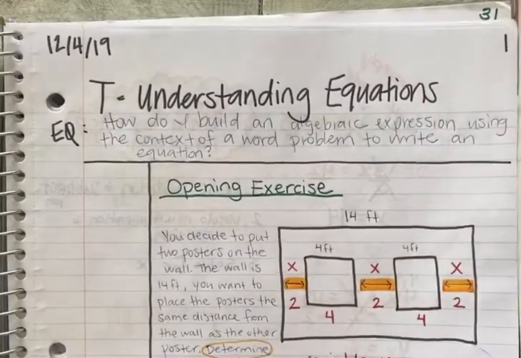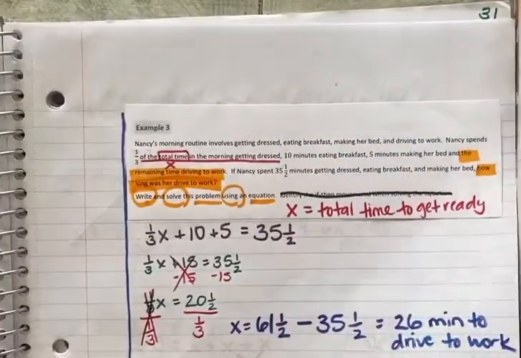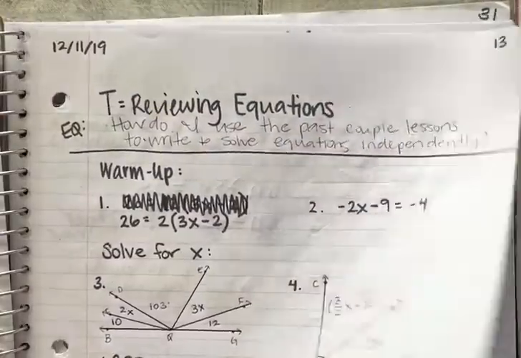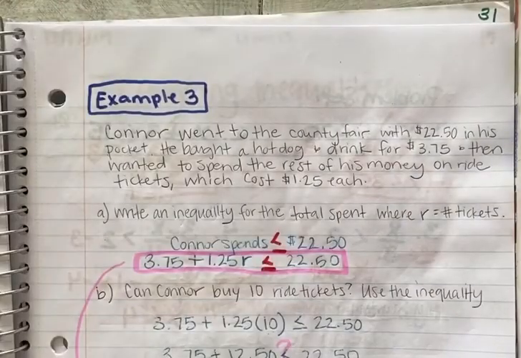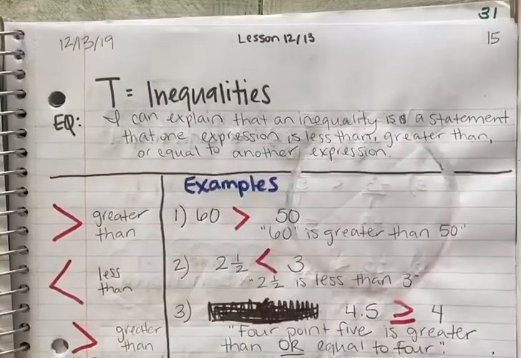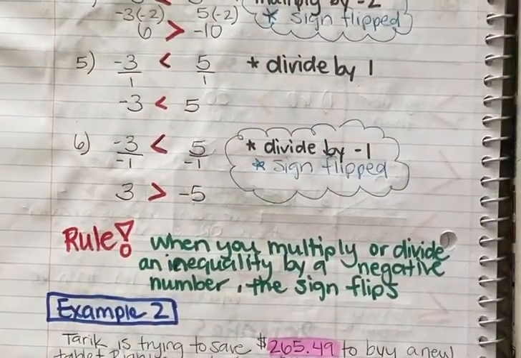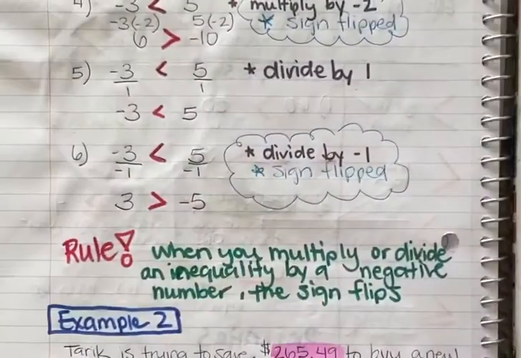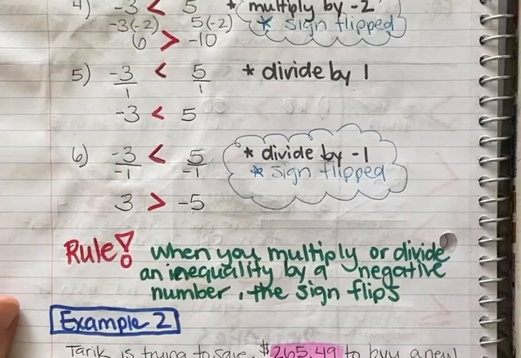Oh, here's our geometry. Aha, inequalities. Yes, we did an example. Okay, let's go over this real quick. Wow, this was back in December, before we knew that our lives would change.